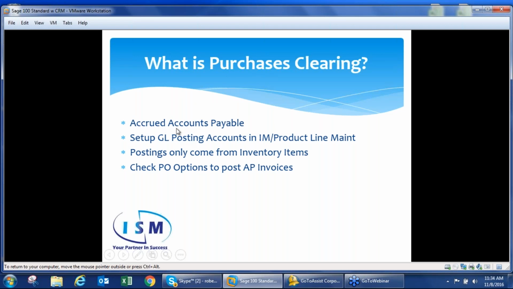So purchases clearing is nothing more than an accrued accounts payable that allows our system to essentially stay in balance.